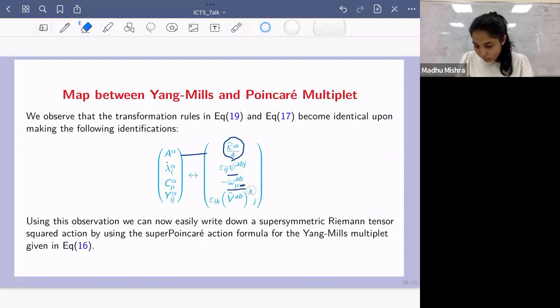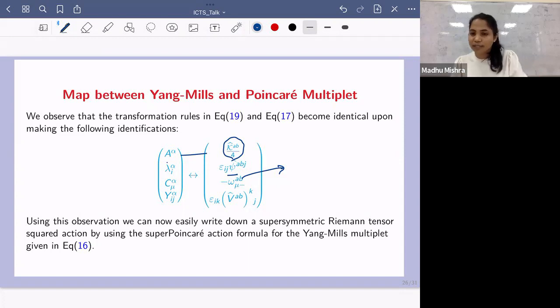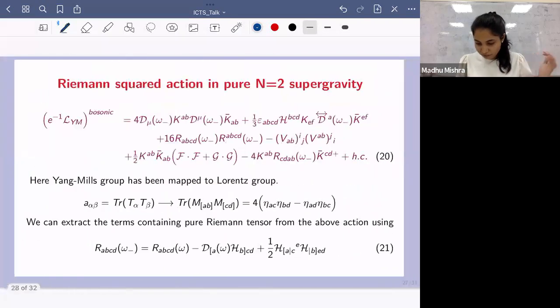So it's not just omega mu AB, but the one with the torsion. And this Yij of the Yang-Mills multiplet is identified with the curvature of SU2. Then these two multiplets are identical and their transformations are identical. Hence, we can use this map and put it in the Yang-Mills action that we obtained and get this action.